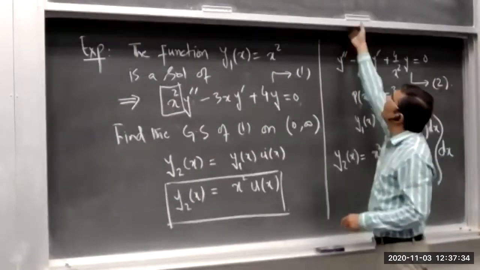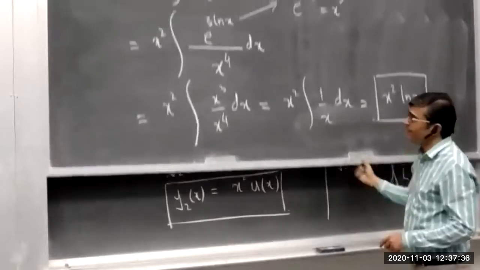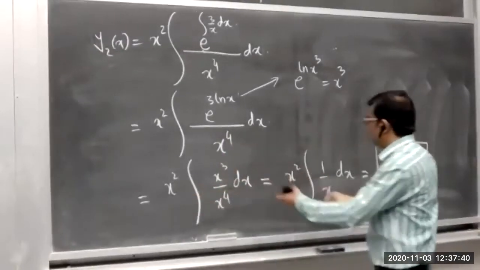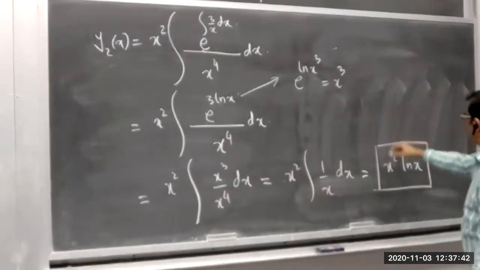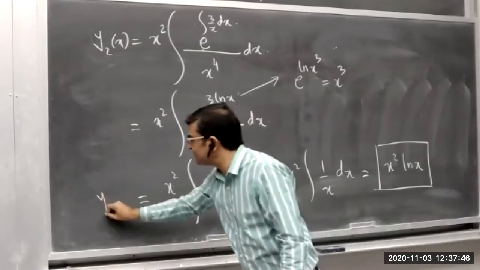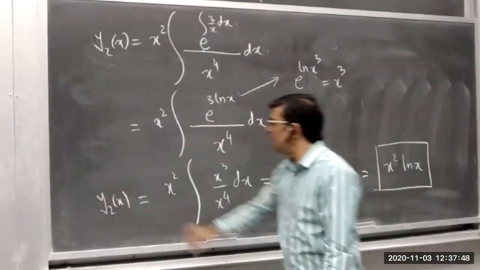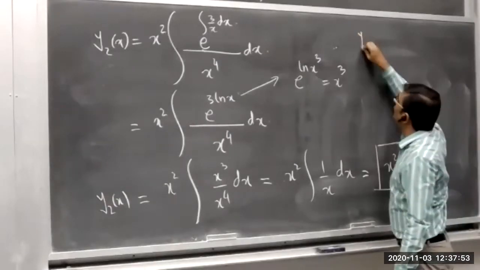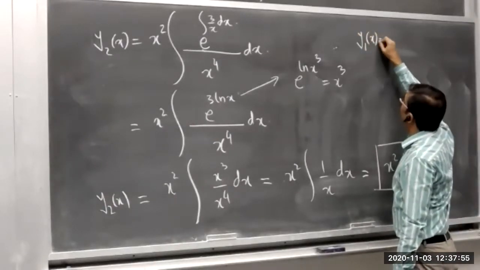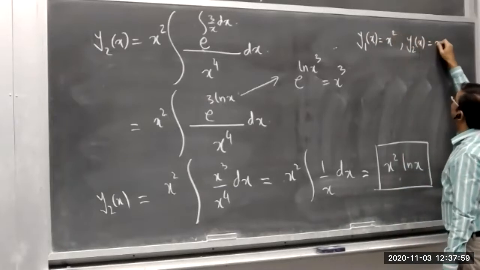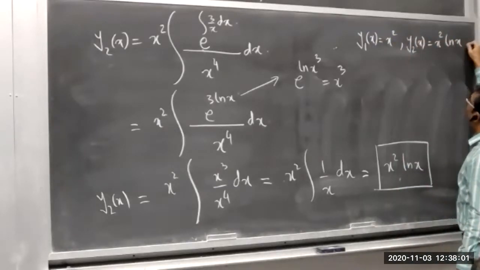So while using this formula, if you add integration constants here, you have to ultimately get the solution without constants. So this is your y2 of x. You now have y2; you already have y1 of x is x squared and y2 of x is x squared times natural log of x.